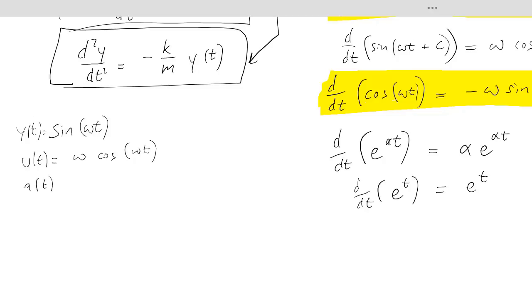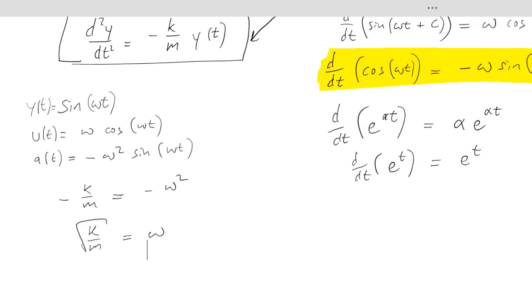And then my a of t is minus, I'm going to get omega squared now, sine of omega t again. And what's quite amazing is I can see now that the minus k over m is equal to minus omega squared. Signs cancel, so that the square root of k over m equals omega. So that's a pretty powerful result.